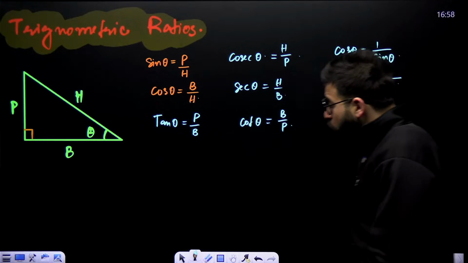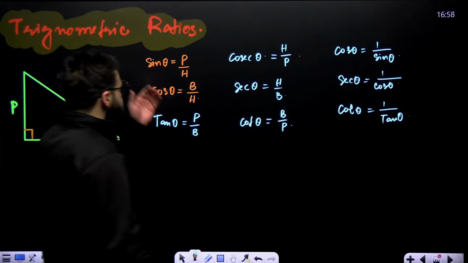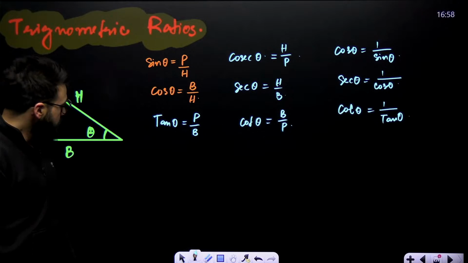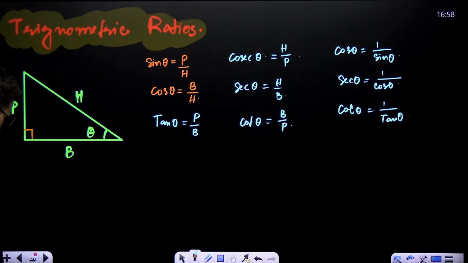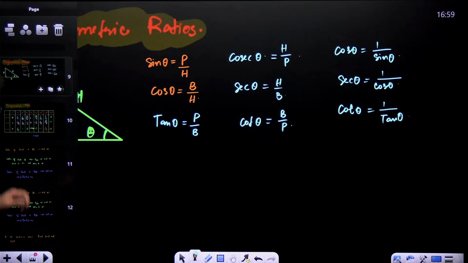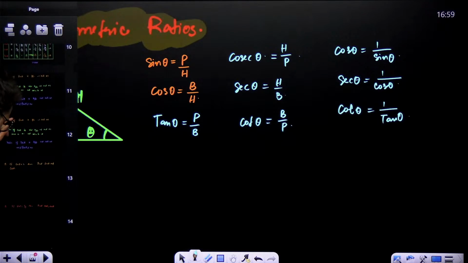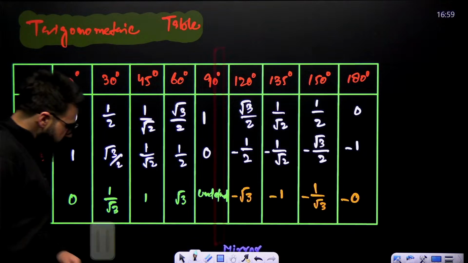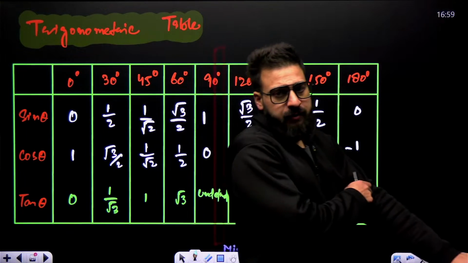These are what we call the trigonometric ratios: sine, cos, tan, cosec, sec, cot. These are the trigonometric ratios mentioned exactly over here. Cool. Now, guys, let's understand this trigonometric table.